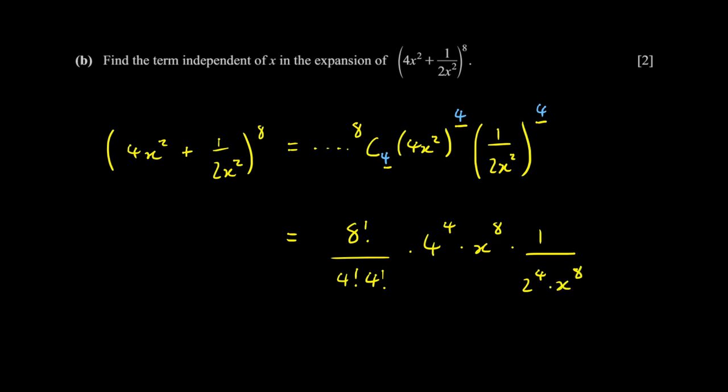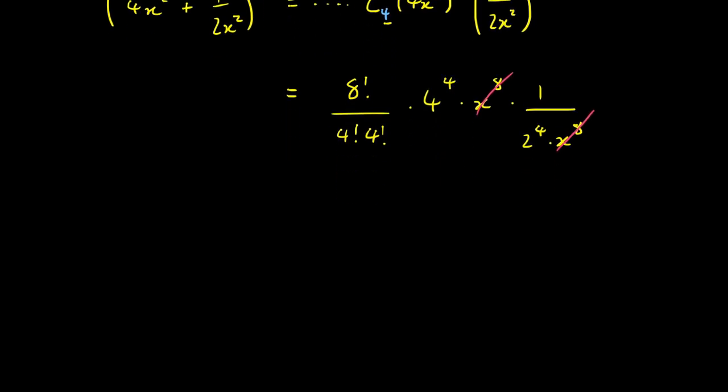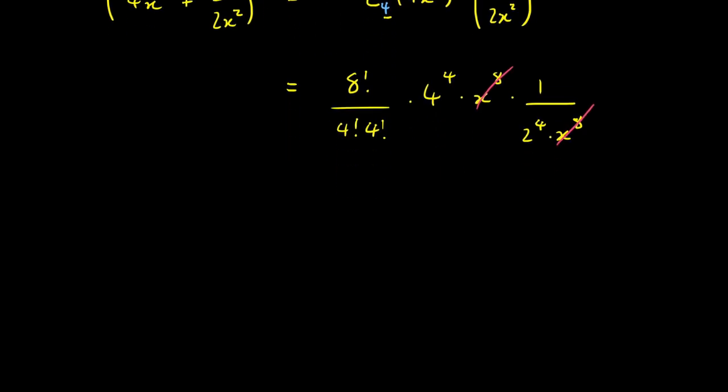So first things first is that those x to the power of 8 terms disappear. Okay, let's try to simplify this again, assuming we don't have a calculator. So we've got 8 times 7 times 6 times 5 divided by 4 times 3 times 2 times 1, right? Because the other 4, 3, 2, 1 terms cancel off because that's 4 factorial.